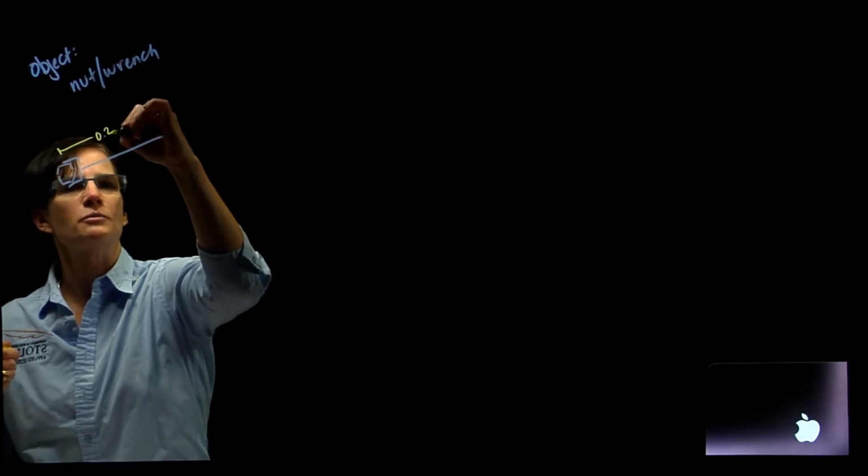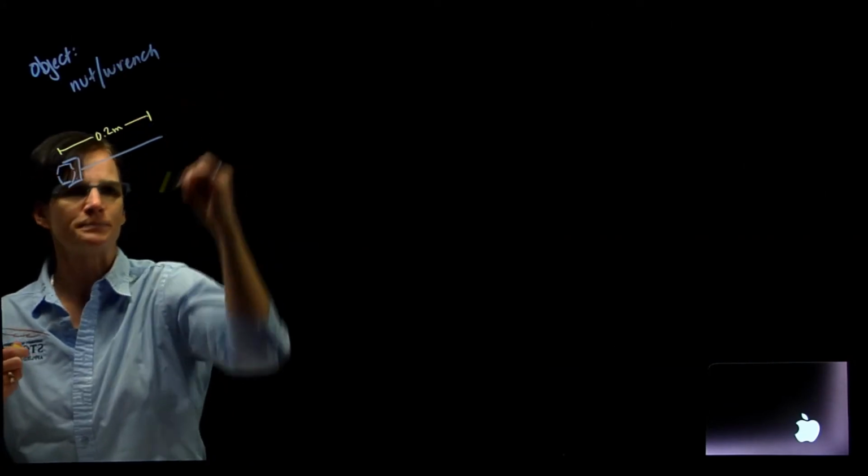If we were to draw a picture of that, there's our bolt, I guess. I'm not very good in terms of art. So there's our wrench. We know that that wrench is 0.2 meters, 20 centimeters.